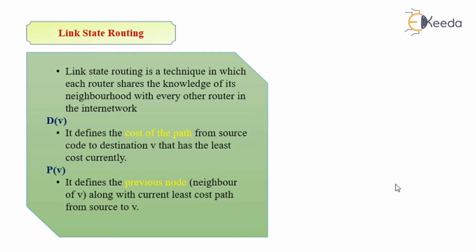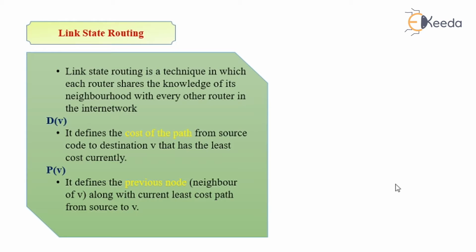In this algorithm, each router shares the knowledge of its neighborhood with every router in the internetwork. We are dealing with two concepts here. The router is using two parameters. One is the cost of the path from the source to the destination, and the second one is the information about the previous node.